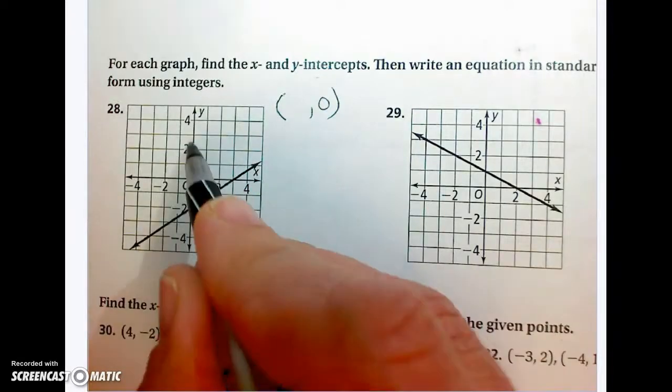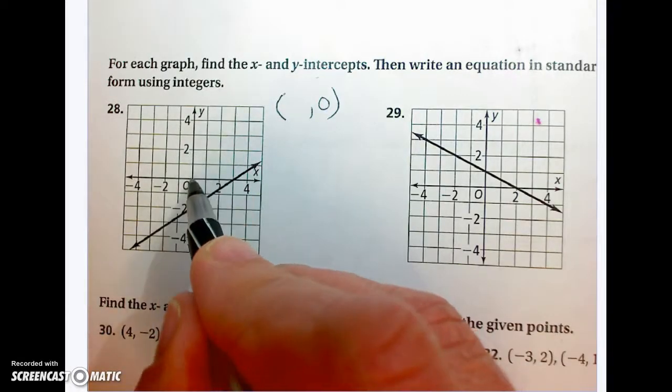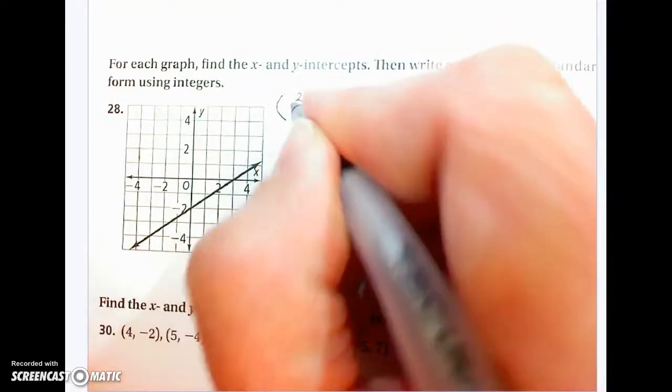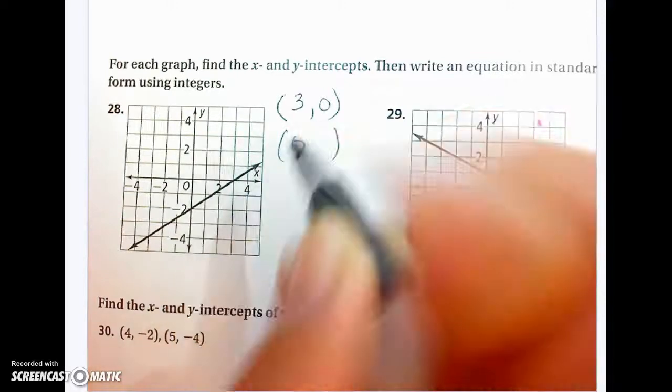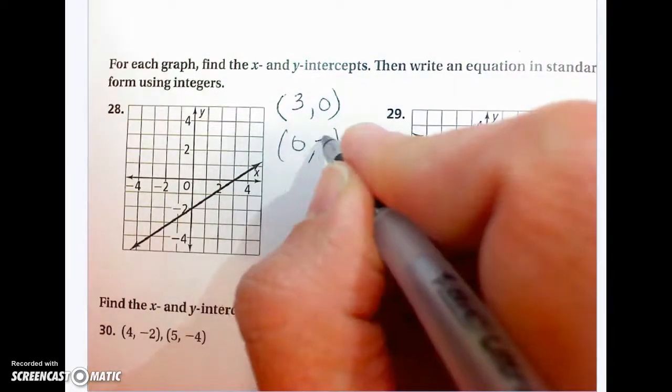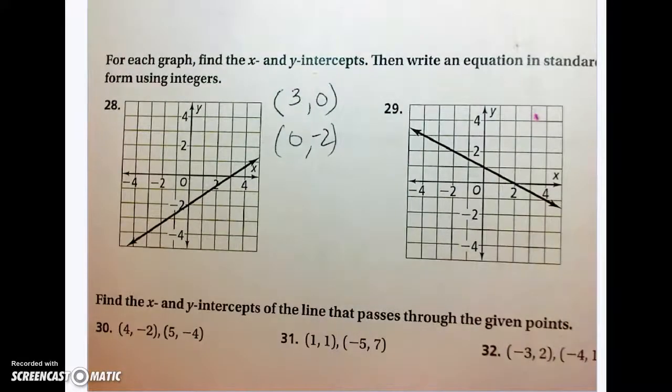So when y is 0, it crosses the x-axis at 3. So when x is 0, it crosses the y-axis at negative 2. So there I have my x and my y intercepts. Now I need to write an equation in standard form.